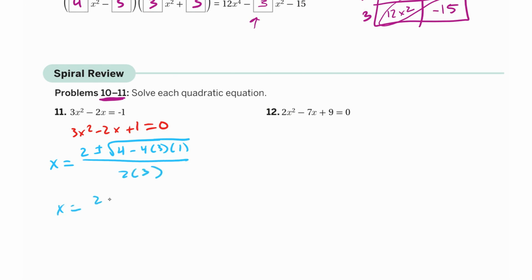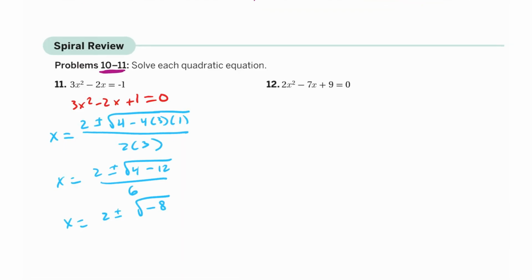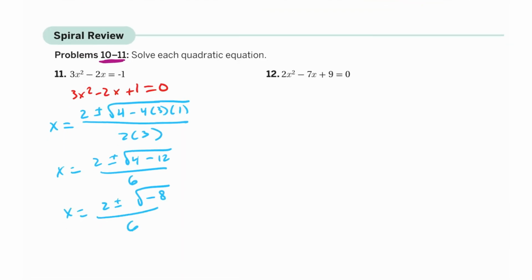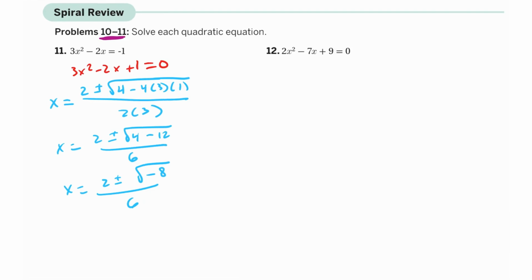And we got 2 plus or minus, as we simplify, the square root of 4 minus 12, over 6. 2 plus or minus the square root of negative 8, yucky, all over 6. And then to get rid of that negative, this breaks up, I'm going to say, into the square root of negative 1, and then the square root of 4, and then the square root of 2.